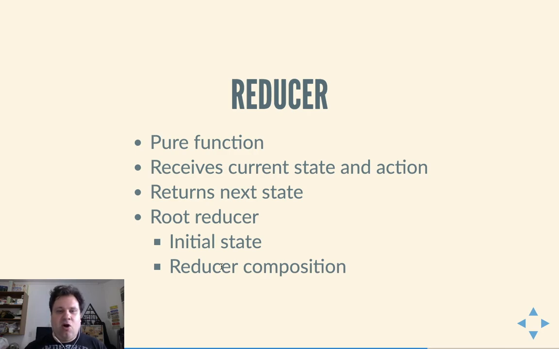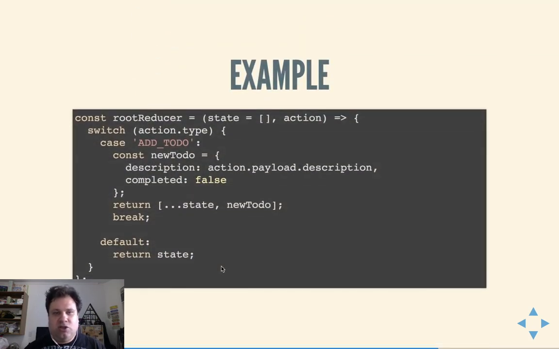Then, since all those reducers are pure functions, we use function composition to generate this one master root reducer, which we then pass on to Redux. So here's an example of a reducer. Since this is a really simple application that only has the add to do action, we don't use function composition here.